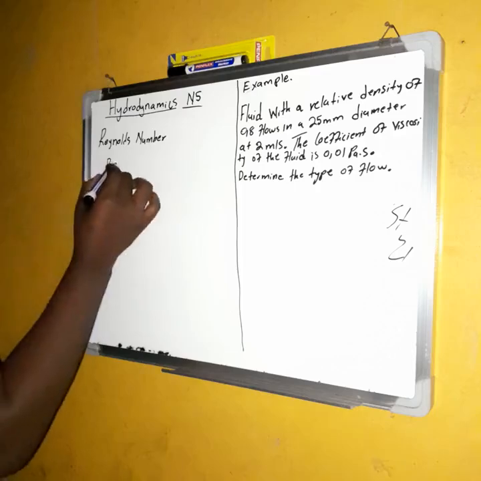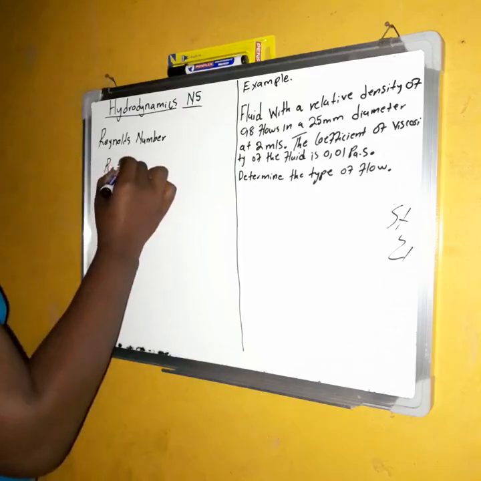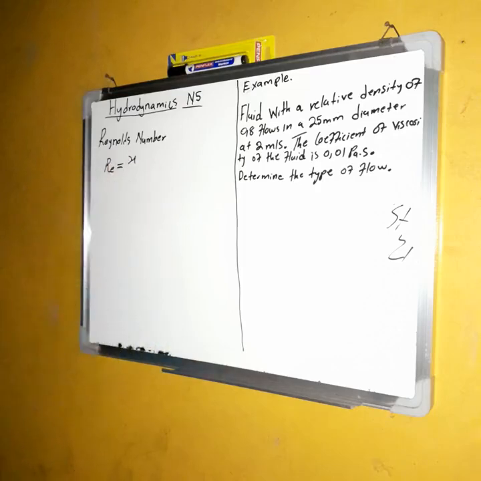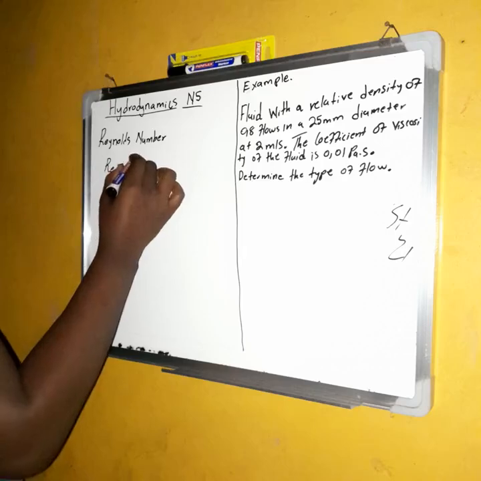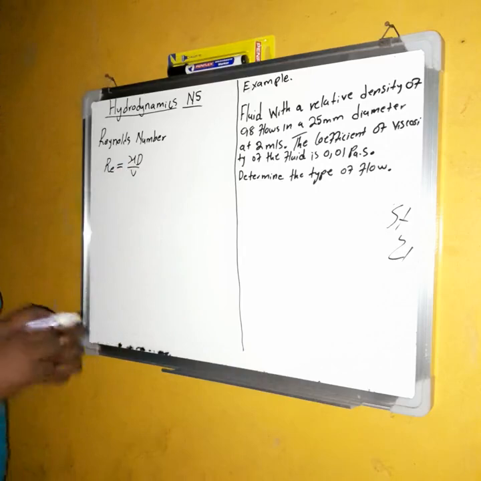This is given by the coefficient of viscosity, multiplied by the diameter, divided by velocity.